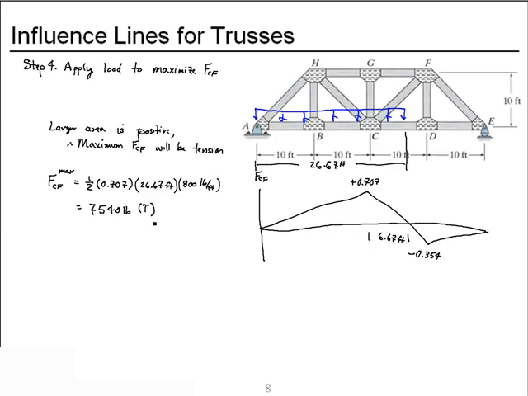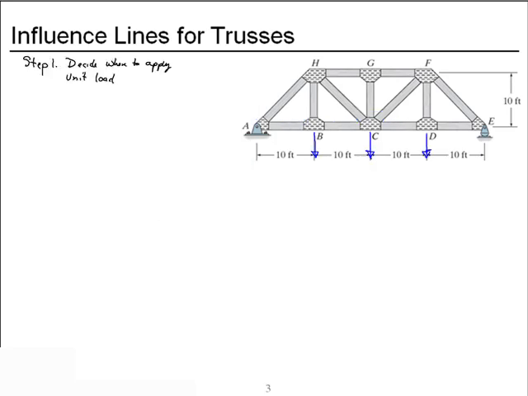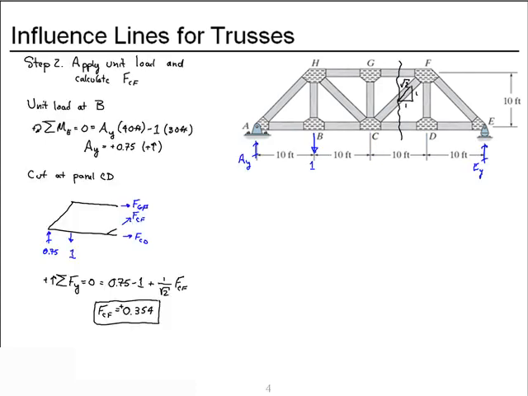Now let's go back and review how we got to this point. We started by identifying where to apply the unit load so that we could generate enough information to construct our influence line. We saw that we only needed to apply the unit load in 3 places, B, C, and D, because at A and E we knew that the force generated in all of the members would be 0. Then in step 2, we started applying the unit load and calculating the force in member CF.